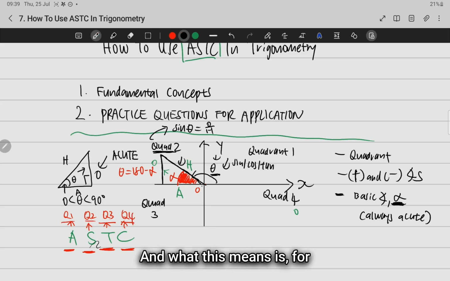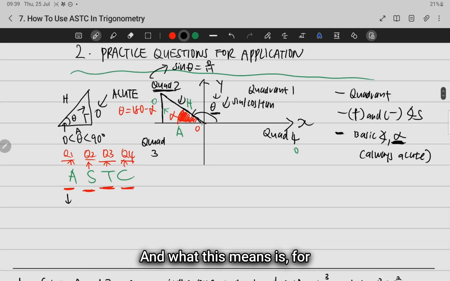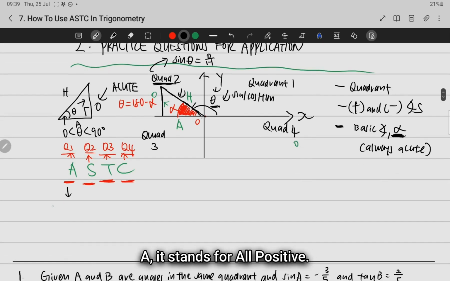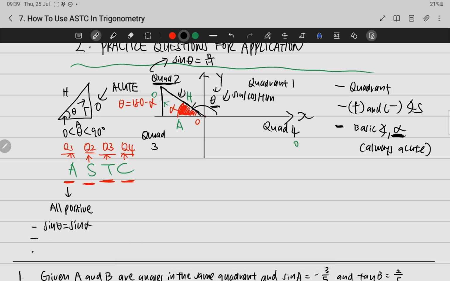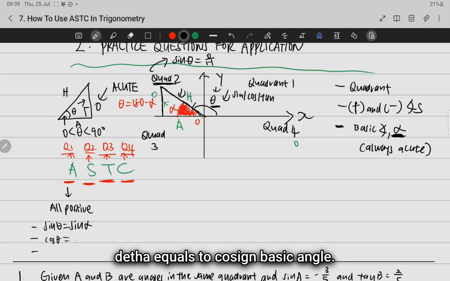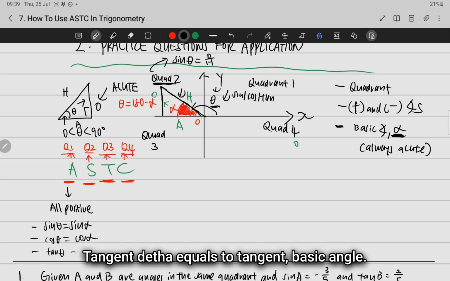And what this means is, for A, it stands for all positive. That means in quadrant 1, sine theta equals sine basic angle. Cosine theta equals cosine basic angle. Tangent theta equals tangent basic angle.